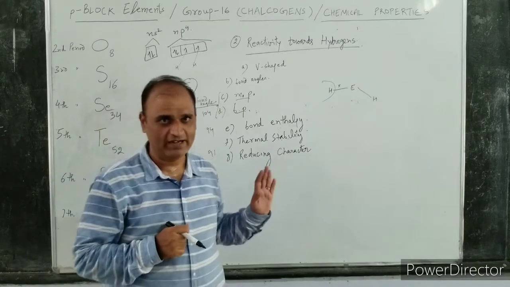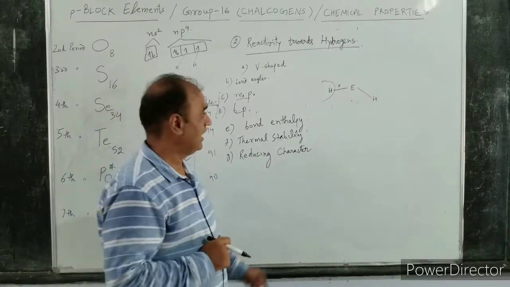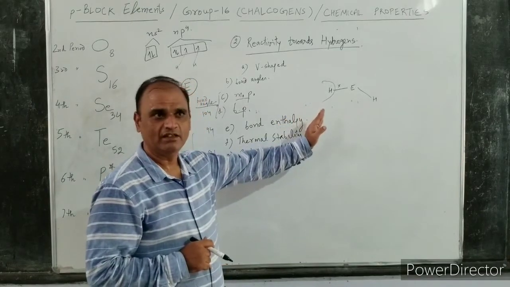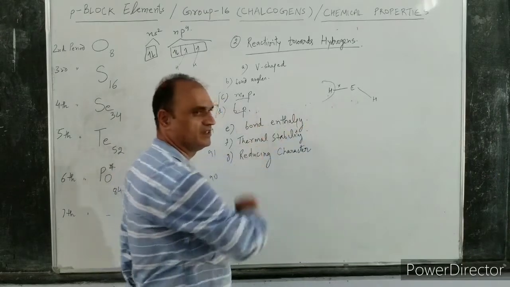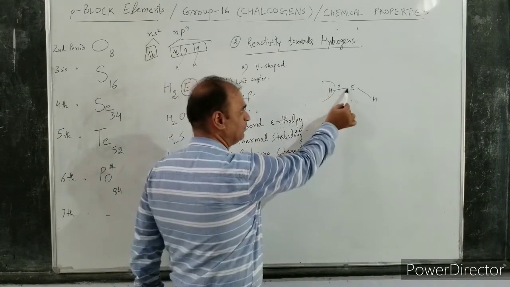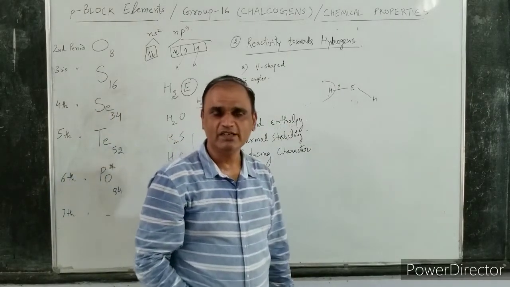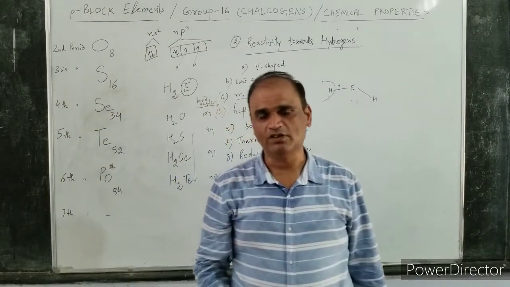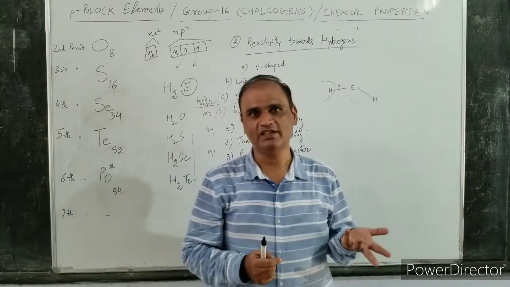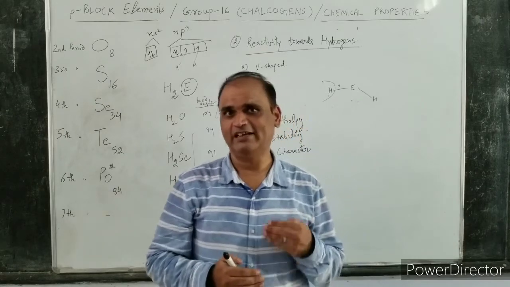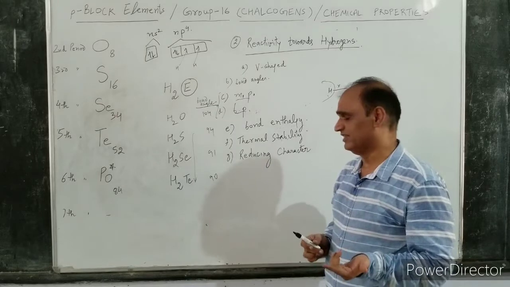They will get oxidized, but they have the tendency to reduce others. And their reducing character depends upon the ease of losing H, meaning the strength of this bond, meaning bond enthalpy. Because bond enthalpy is decreasing down the group, the ease of losing H increases, and that is why reducing character also goes on increasing.